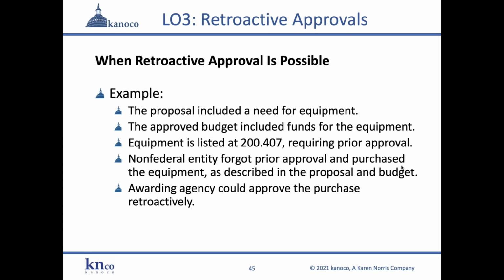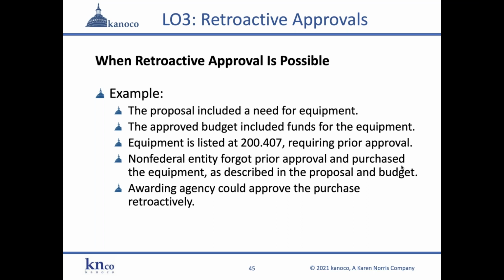The proposal included a need for equipment, as I was hinting at a few slides back. The approved budget included funds for the equipment. Equipment is listed in the Uniform Guidance at provision number 200.407, and that is the list of 20-some times when prior approval is required.